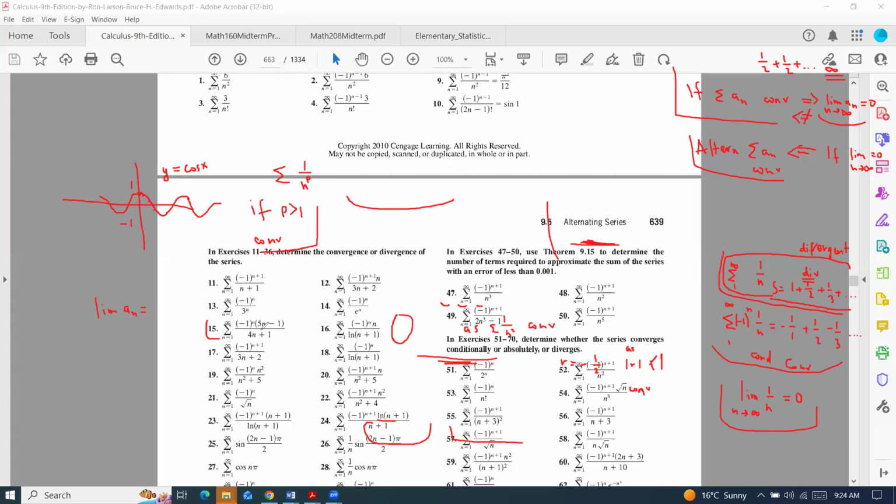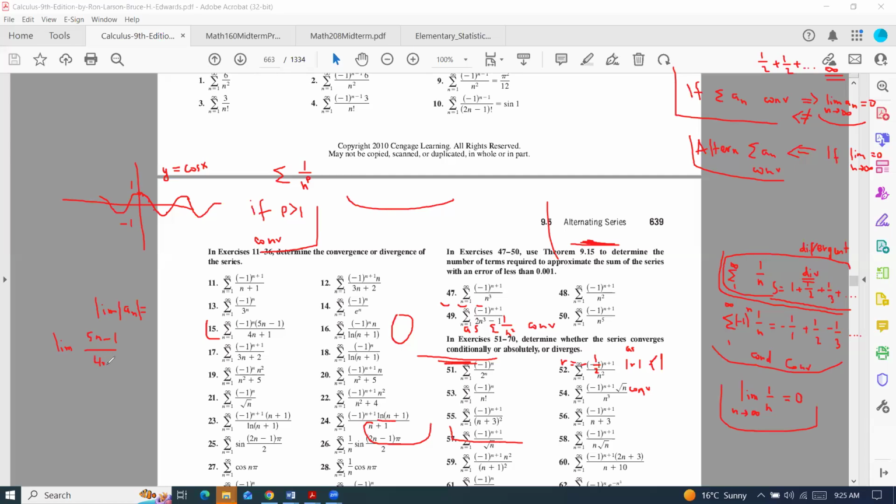So what about this one? Well, we need to find the limit of that nth term. And please notice when I take the limit, the -1 I don't really care about, because it just keeps on alternating. So I just take the limit of absolute values, without that -1. So this will be just 5n minus 1 divided by 4n plus 1.